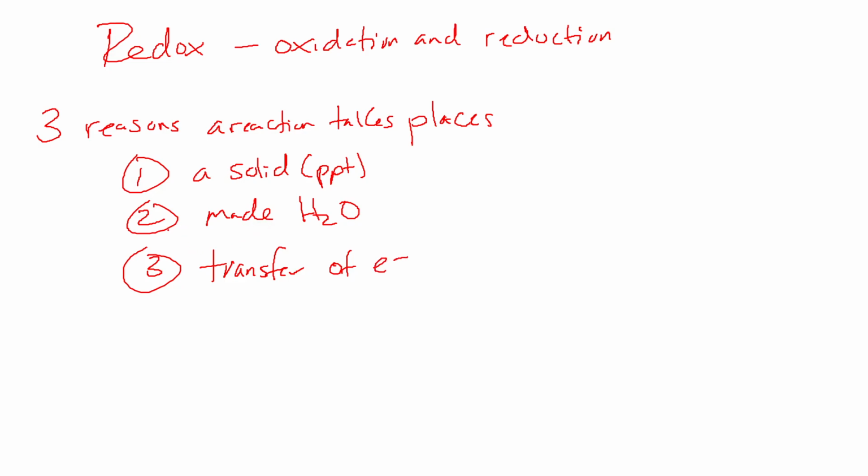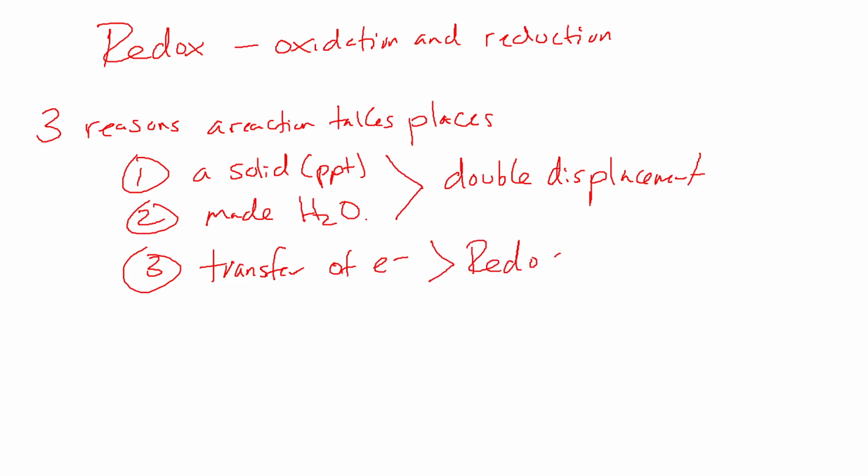So pretty much all reactions boil down to one of these three things occurring: a solid being formed, making water, and a transfer of electrons. Precipitation and water formation are really in your double displacement reactions. Transfer of electrons, that's all about redox.